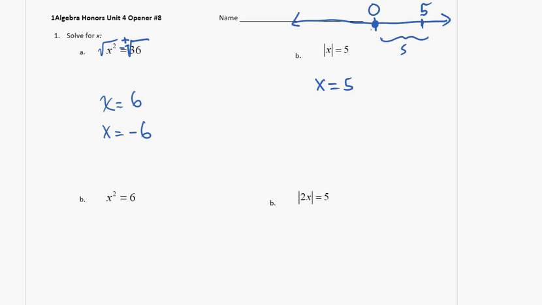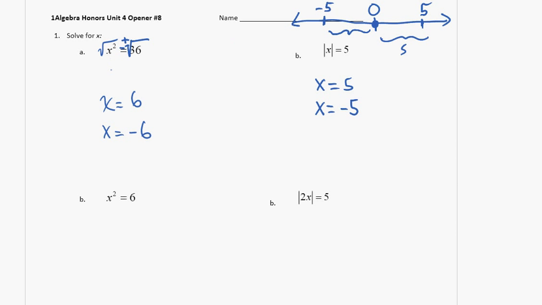But also we could go in the other direction, and if you go 5 units to the left, we'll end up at negative 5. So it's sort of the same idea here, that if the absolute value of x is equal to 5, then x itself could be equal to 5 or to negative 5.